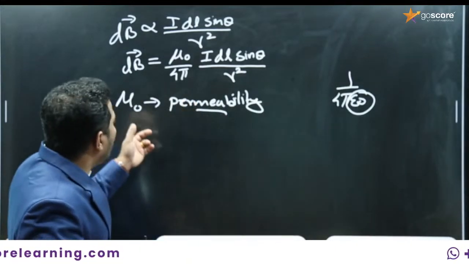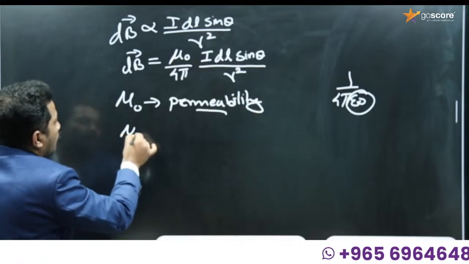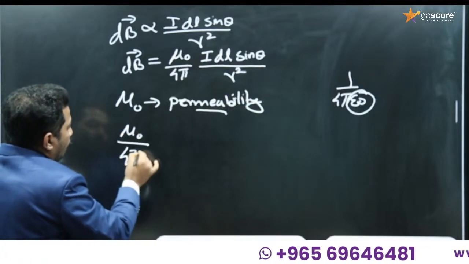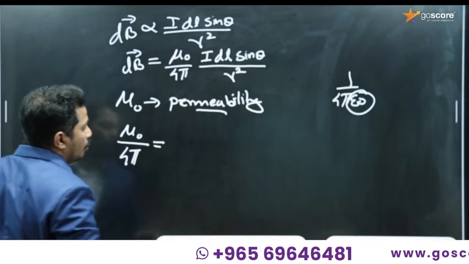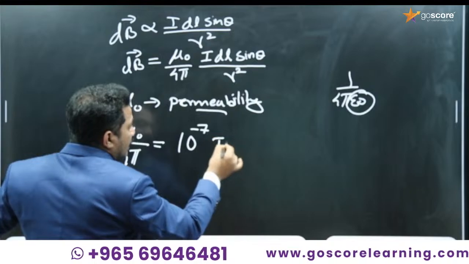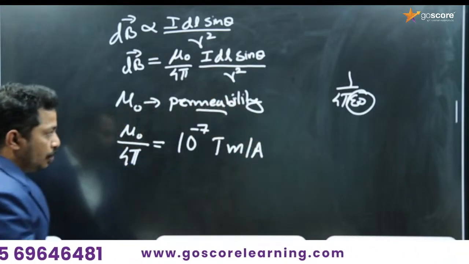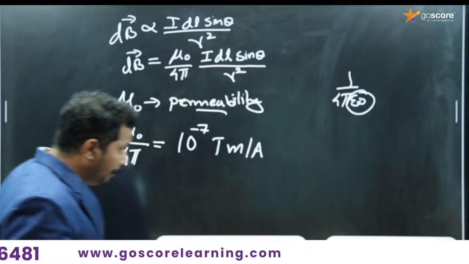So this is magnetic permeability. The value of mu 0 divided by 4 pi is equal to 10 to the power minus 7 Tesla meter per ampere.